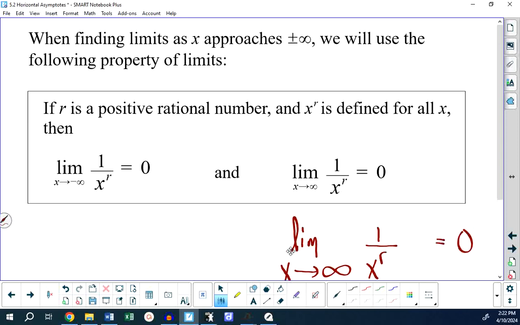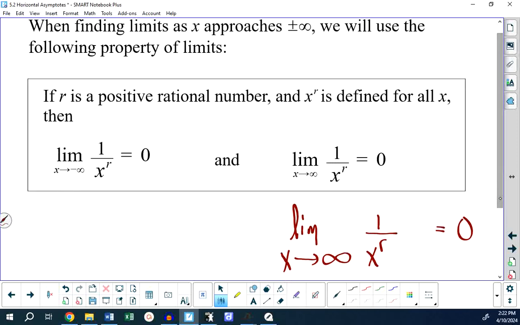We need to know that this limit is equal to 0. R is a positive number. Okay? It doesn't have to be a whole number. It doesn't have to be an integer. It's a positive number. It doesn't even have to be rational. I don't know why I've got the word rational there. Maybe I should use real.